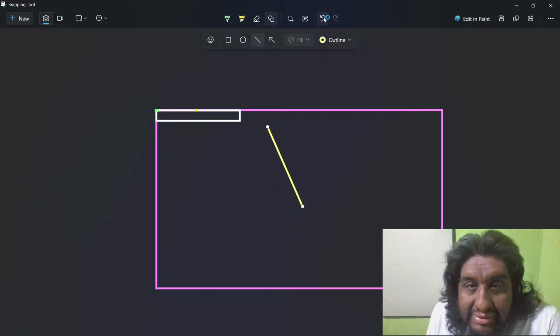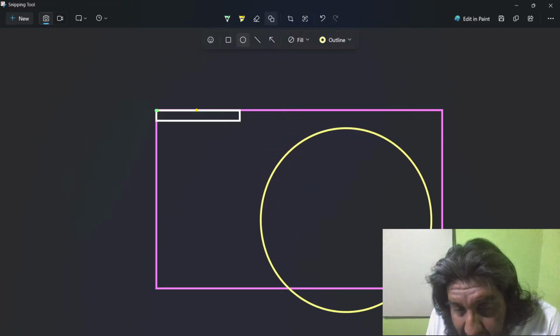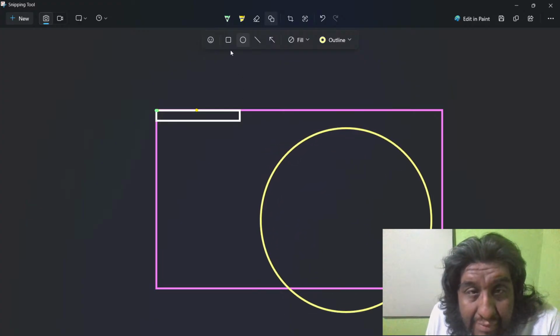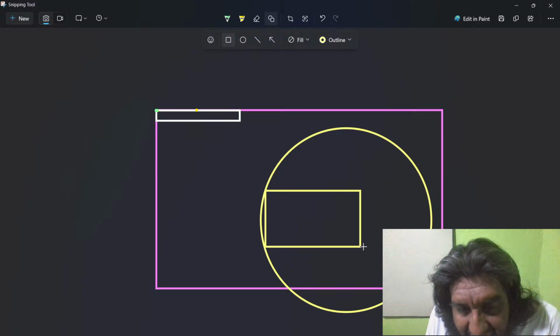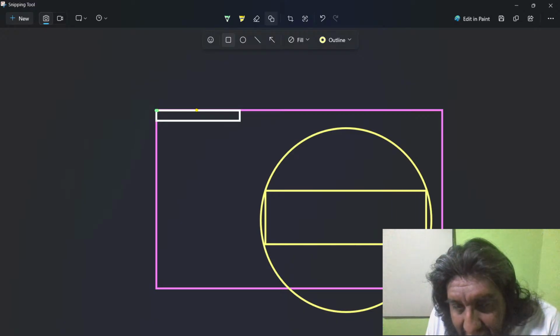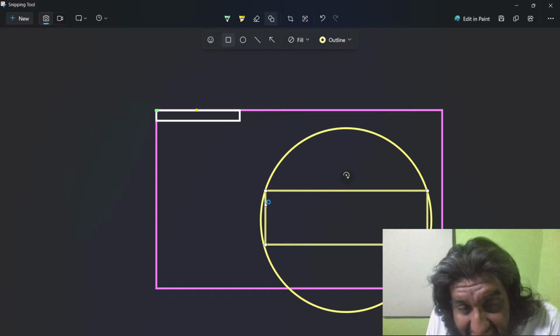If we do this and then draw a rectangle, there is no way. There should be a space here like this. So this is, I don't know how this is called, a chord.